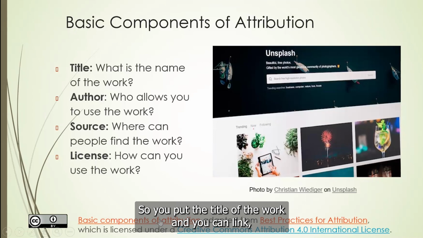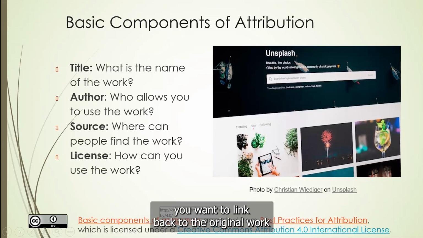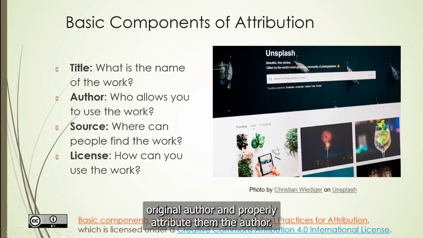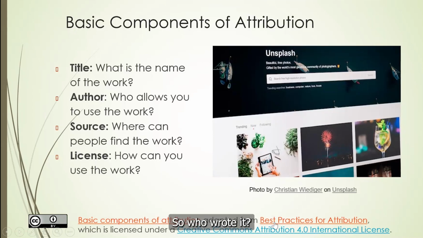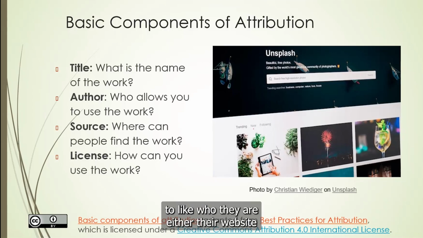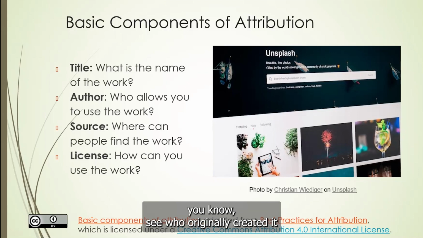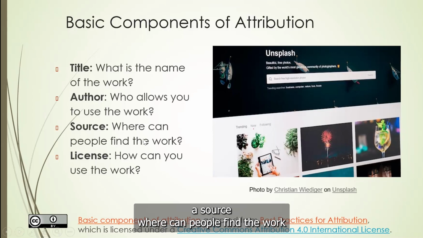You put the title of the work and you want to link back to the original work because you want to bring people's traffic back to that original author and properly attribute them. The author, who wrote it, and also maybe link to who they are, either their website or something like that, so that the reader would be able to see who originally created it and maybe find other things they've developed. Source, where can people find the work?